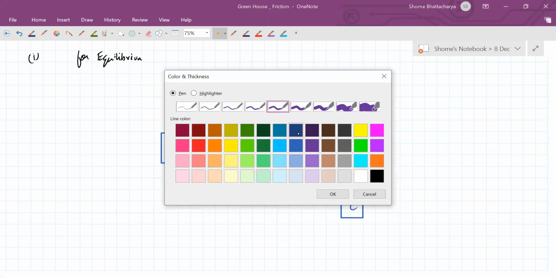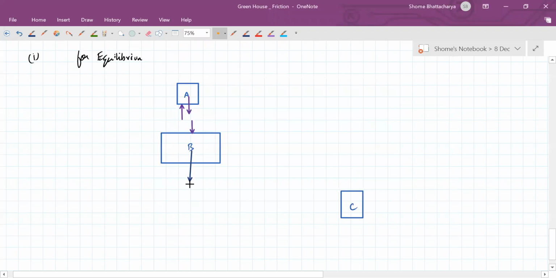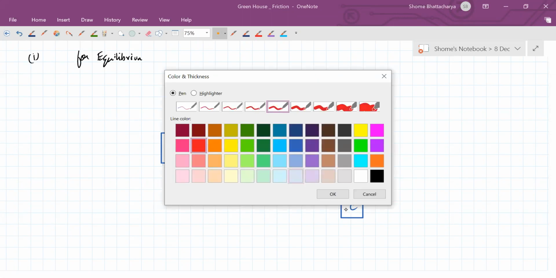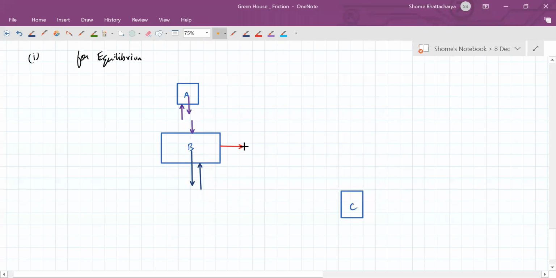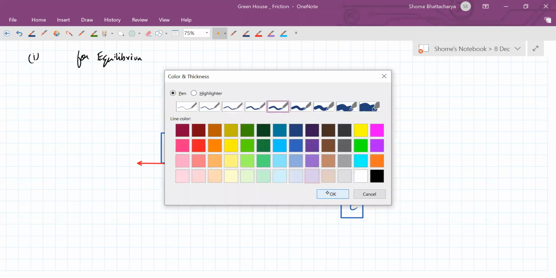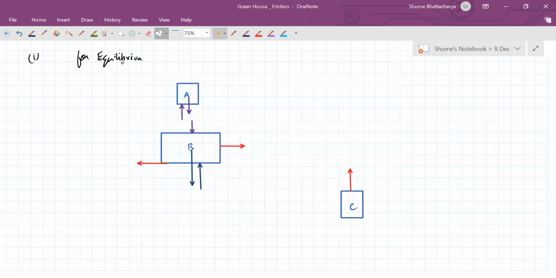Then this one's own weight, this one's normal reaction with the ground. The string pulling it with some tension and static friction acting from here. Same tension on this side and weight of this block.